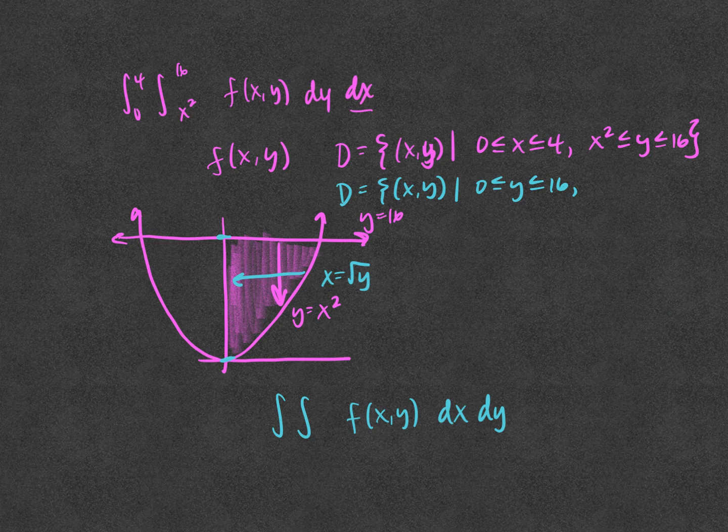X is equal to the square root of y. That's this equation right here. And then the other one is x is equal to 0. So we're going to have x is between 0 and the square root of y. So that helps you build it. So then x is between 0 and the square root of y, and your y boundaries are 0 to 16.